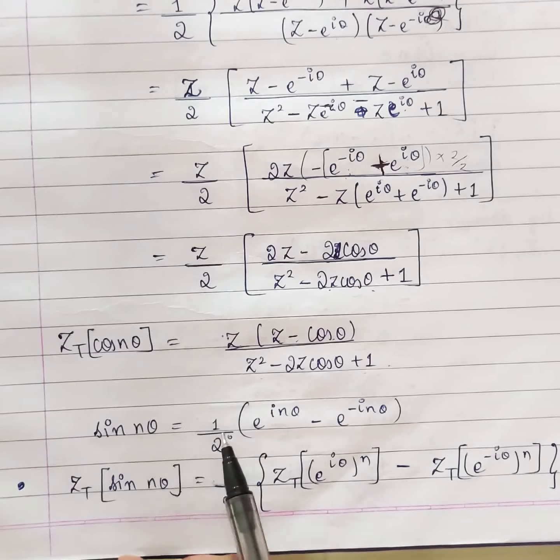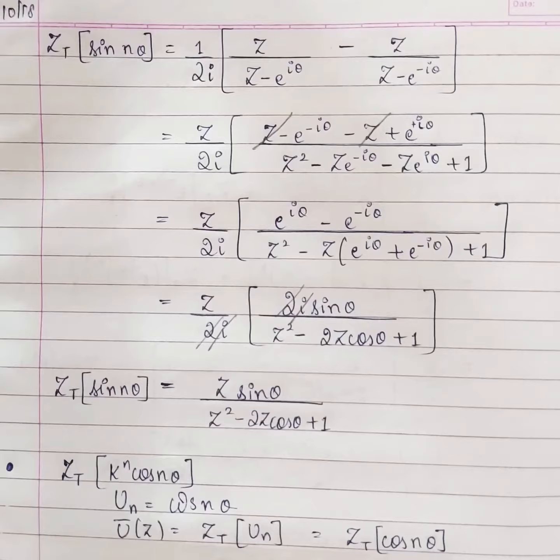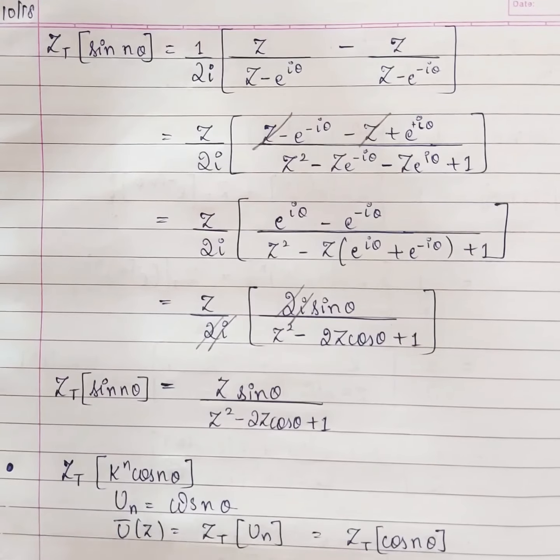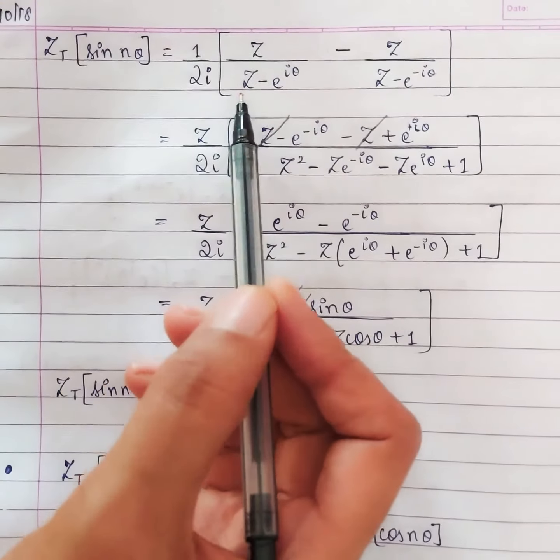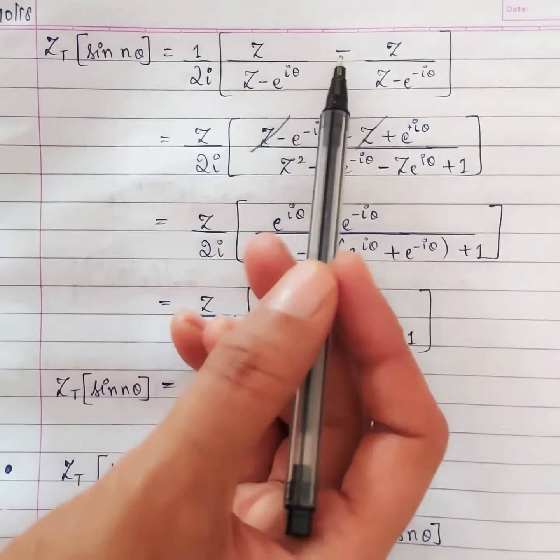In the place of k, first one I have e power i theta, and in the second one I have e power minus i theta. So we have just applied the formula: 1 by 2i, z by z minus e power i theta, minus z by z minus e power minus i theta, and we are cross multiplying these two. So z minus e power minus i theta will come here, minus; there are two terms, the first term will become negative and this term will become positive because of this.